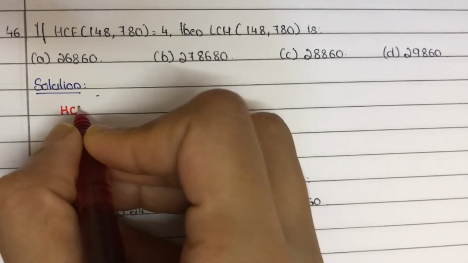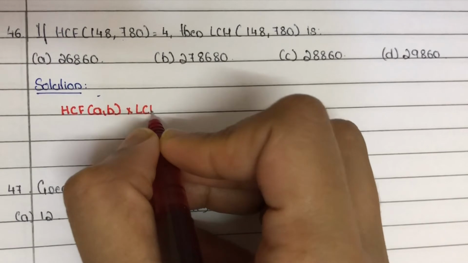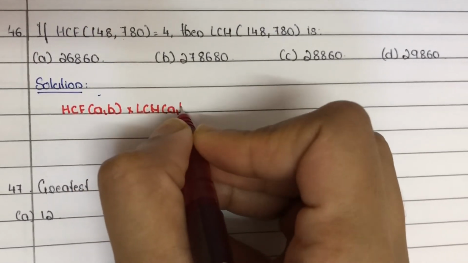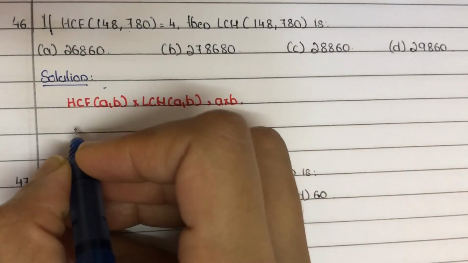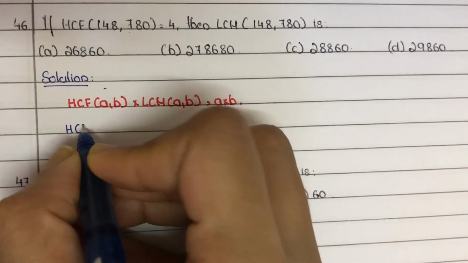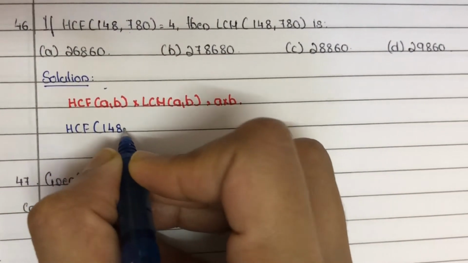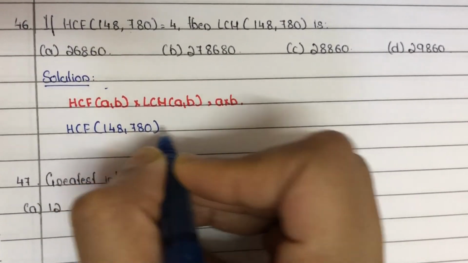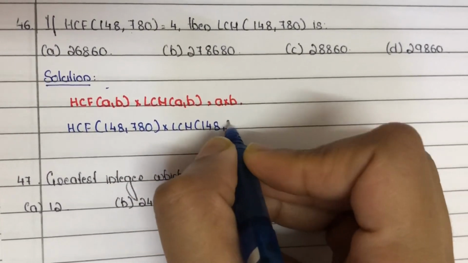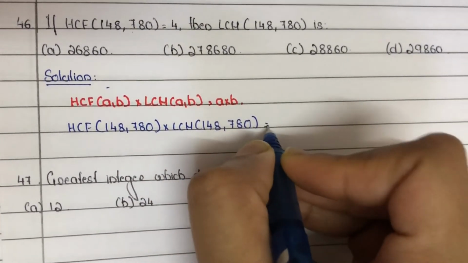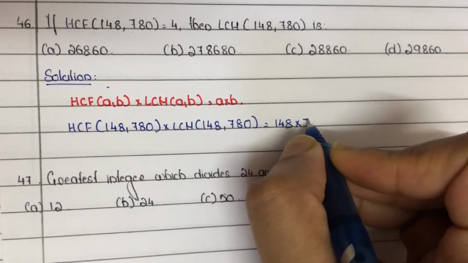Then we know that HCF of A, B into LCM of A, B equal to A into B. Similarly, HCF of 148, 780 into LCM of 148, 780 equal to 148 into 780.